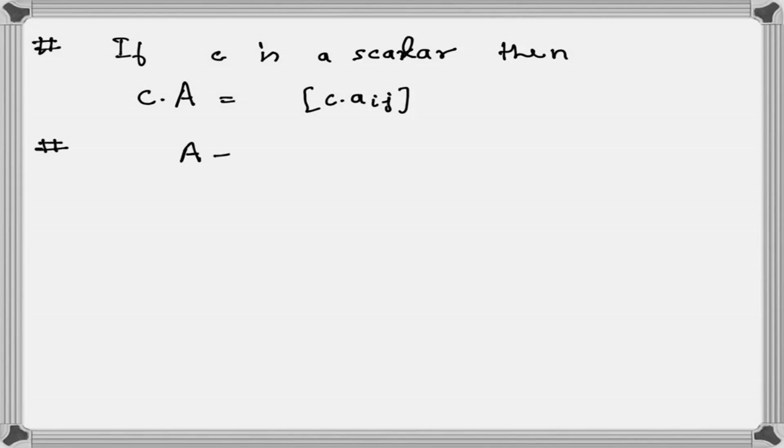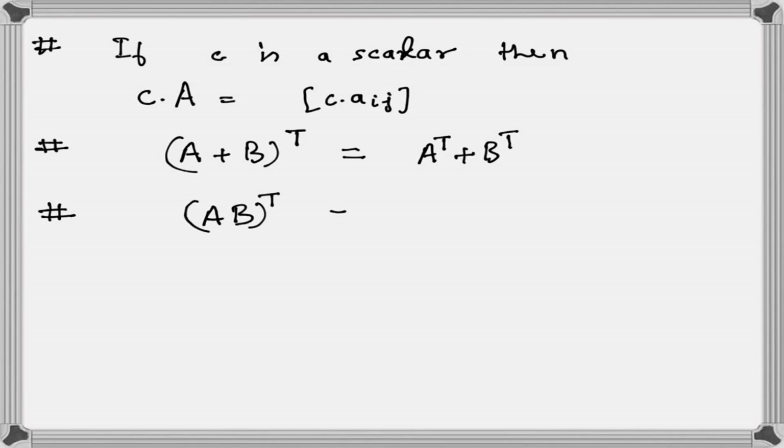Another one is A plus B. If you take any two matrices A and B, not necessarily square, then (A plus B) transpose is the same as A transpose plus B transpose, and the transpose of the product of two matrices is B transpose into A transpose.